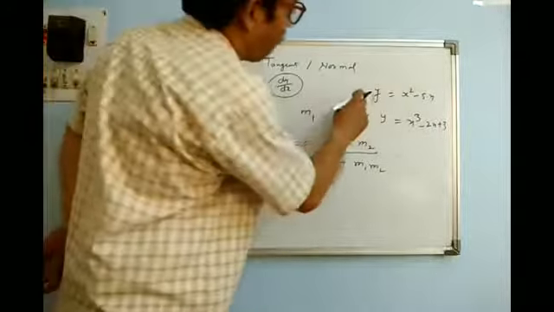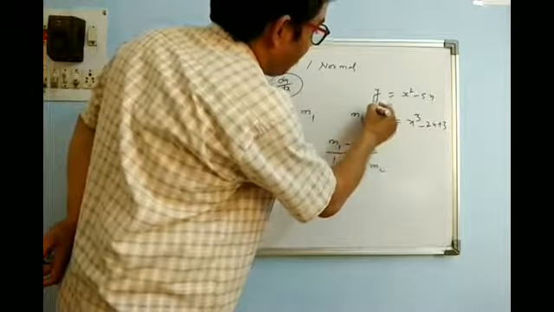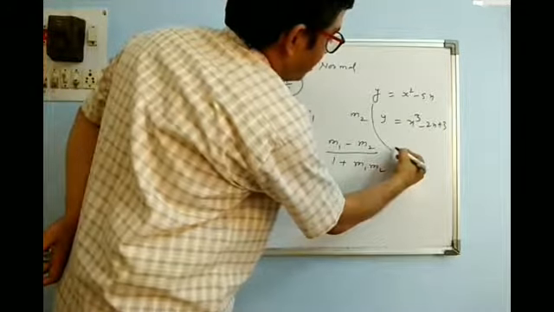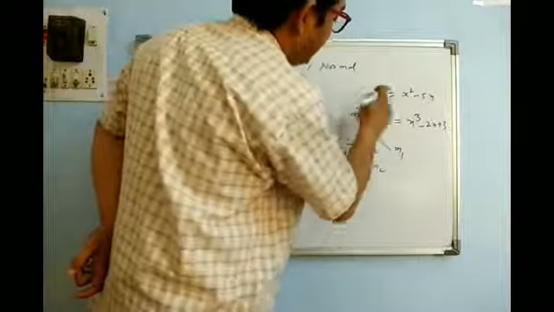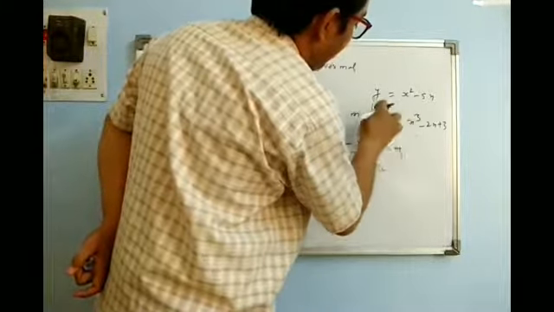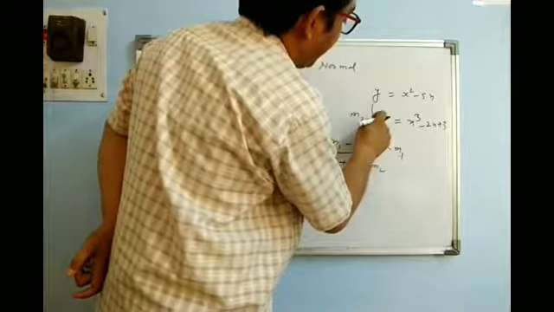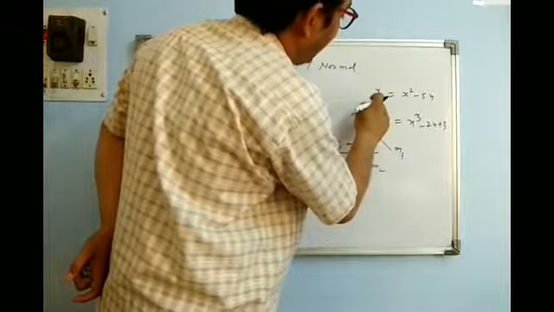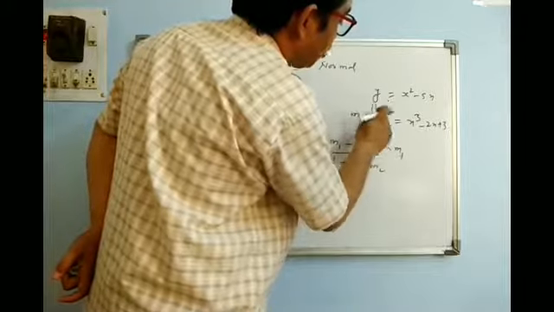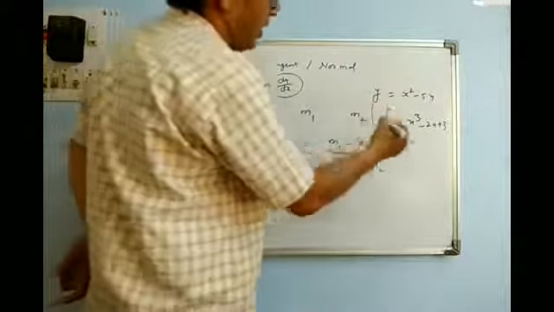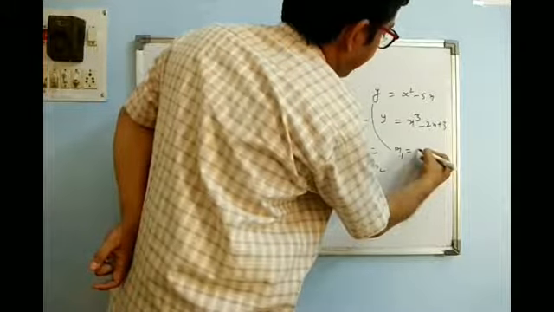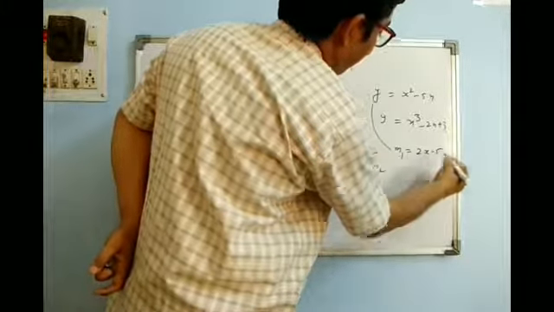So if we have to find the angle between two curves, we need to find the slope of the tangent to the first curve. We have to find the point of contact. How can we find the point of contact? By simultaneously solving the two equations. If we are getting m1, the derivative of this thing, it is coming out to be 2x minus 5.